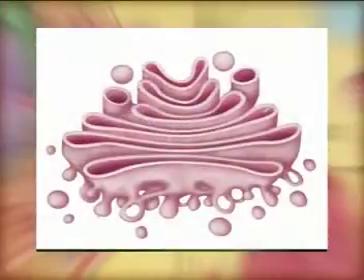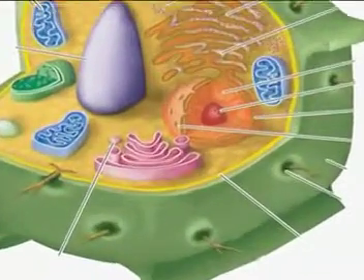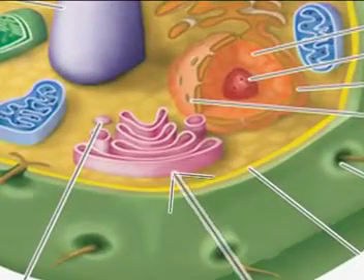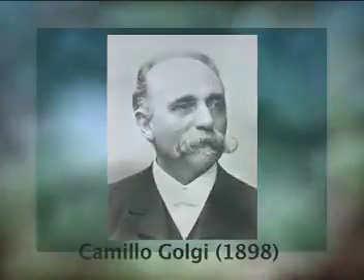On the basis of the net-like appearance and intracellular location of the structure, Golgi defined it as apparato reticular interno, meaning internal reticular apparatus.